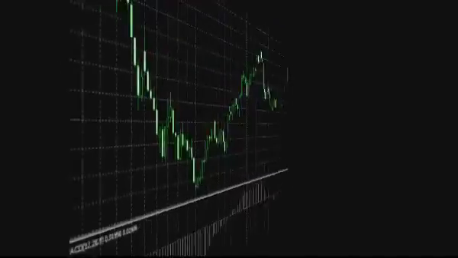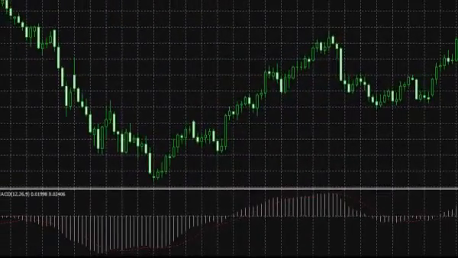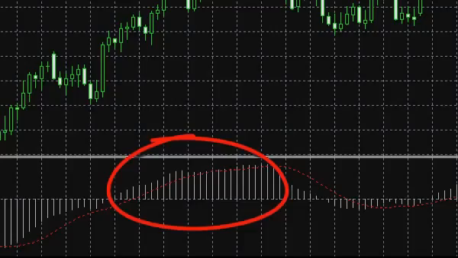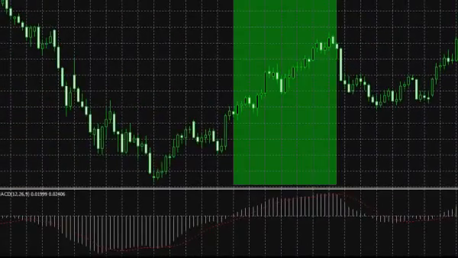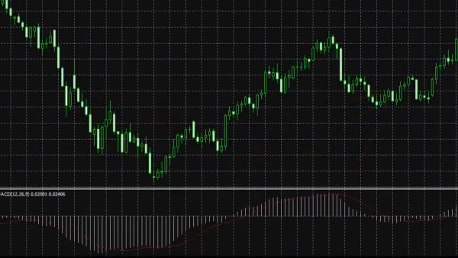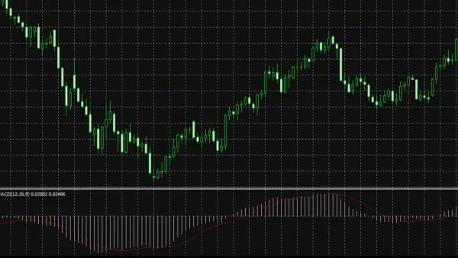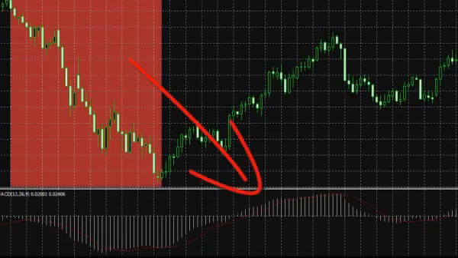Now let us talk about what the MACD indicator shows us, which signals it gives, and how they can be applied in trading. In a general way, when the MACD indicator is in a positive zone, that means above the zero line, and rises, the price is in the ascending phase of its movement. When the value of the MACD indicator is in a negative zone and its value reduces gradually, then the price is in the downtrend phase of its movement.